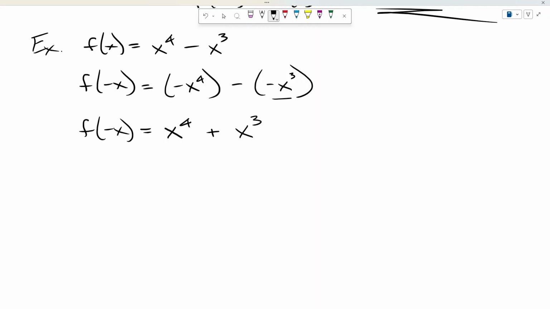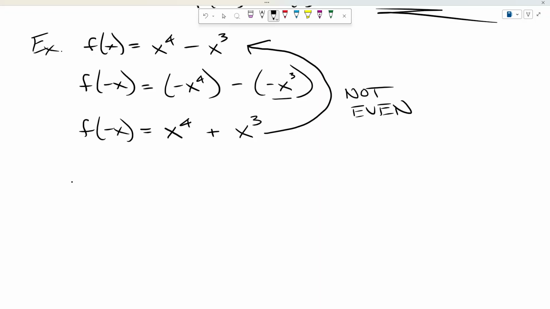So we have x to the fourth plus x to the third. And does that equal the original f of x? It does not. We switch signs there, so that does not work. So it's not even. All right, well, let's see if it's odd then.